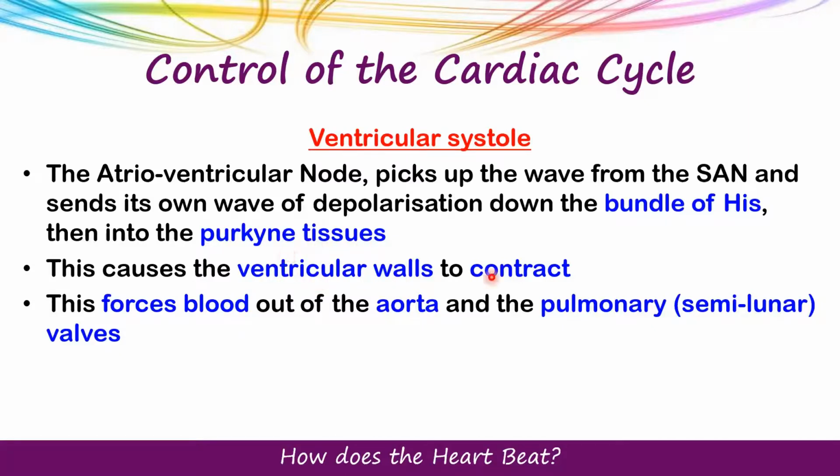This causes the ventricular walls to contract, and this then forces the blood out through the aortic and pulmonary valves, or the semilunar valves. This is what happens during ventricular systole.